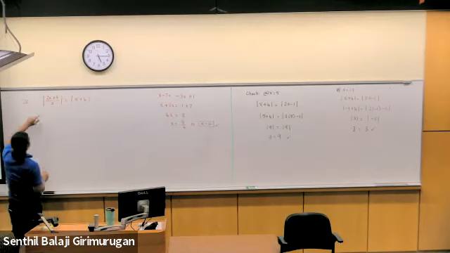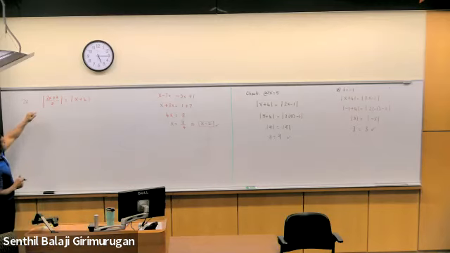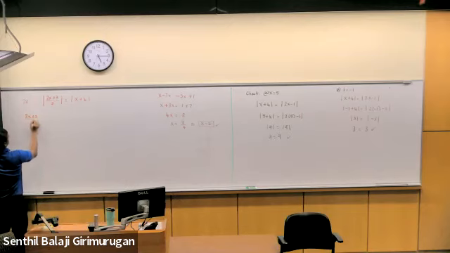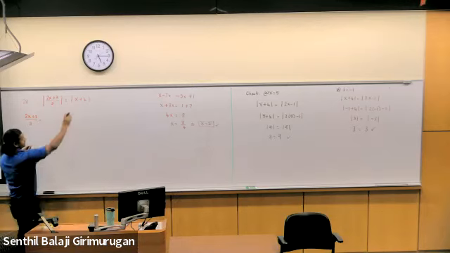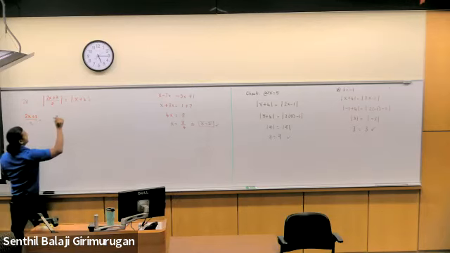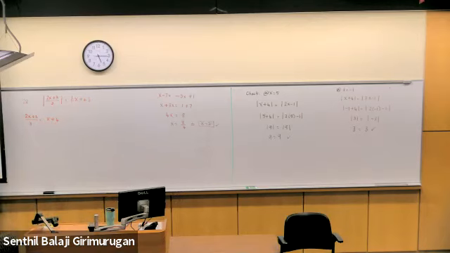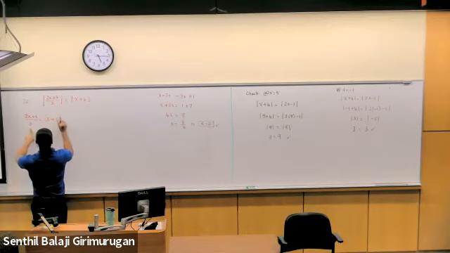So we want to solve this. 2x plus 3 divided by 3 equals the positive of that, whatever expression that you have inside the absolute value sign. So x plus 4, multiplied by 3 on both sides because we want to get rid of that 3.